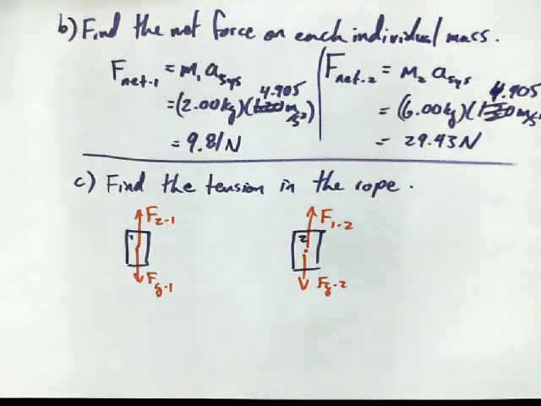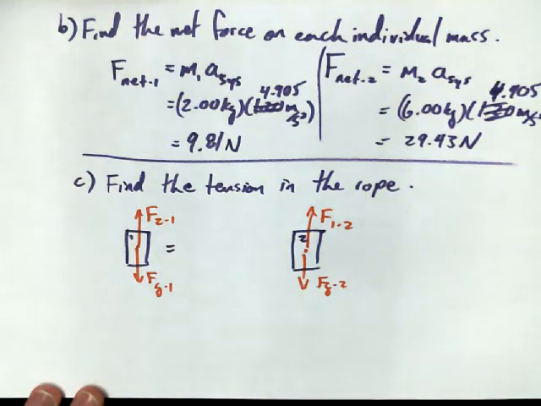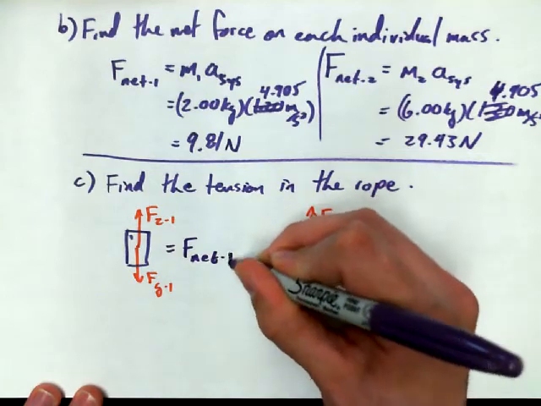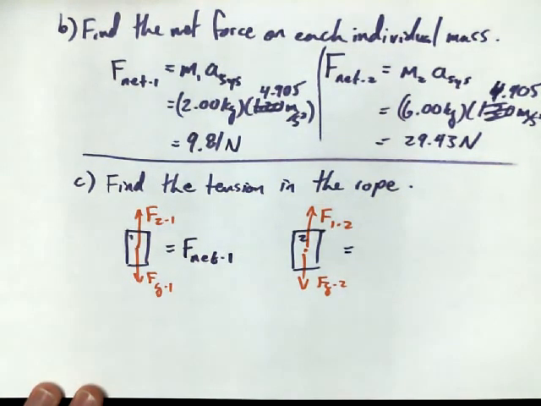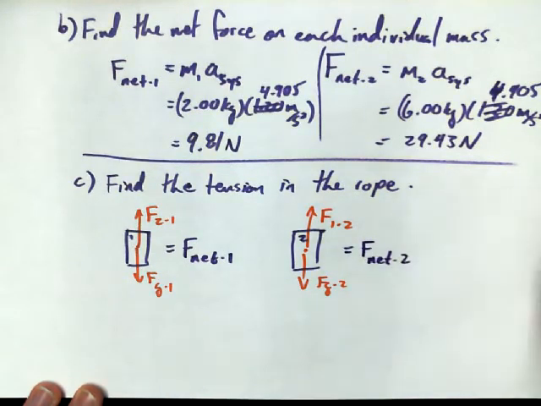And we know that these pictures, these free body diagrams, are just like a gateway to being able to set up equations for Fnet. Because really, this picture represents all the forces that go into making Fnet for mass 1. And this picture represents all the forces that go into making Fnet for mass 2.